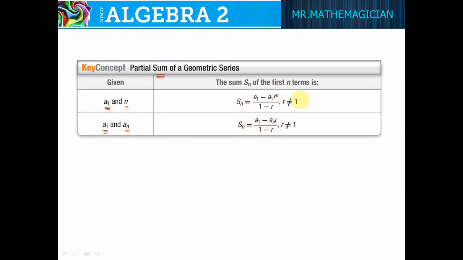So we are going to use this one or this one according to what is given in the problem. If you are given the first term and the number of terms we need to add, we will use the first rule. If you are given the first term and the last term of the series we want to add, we will use this rule. So you need to remember both.